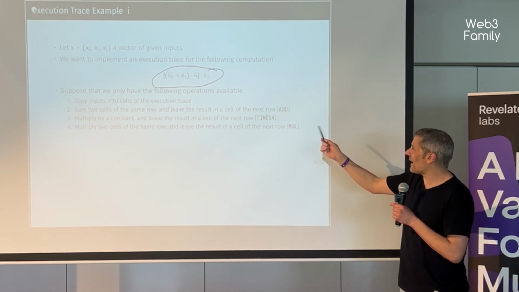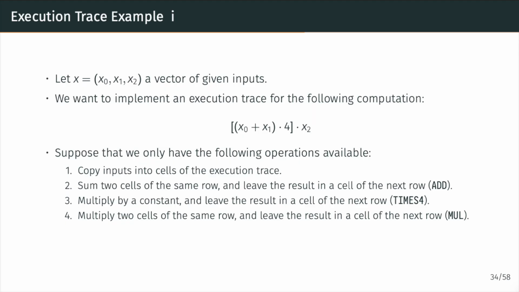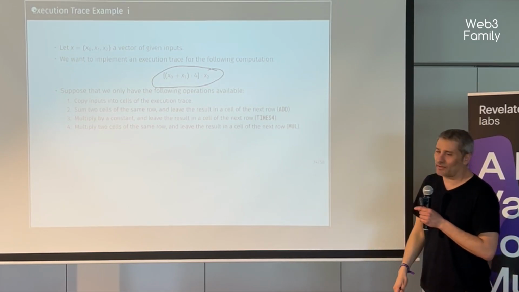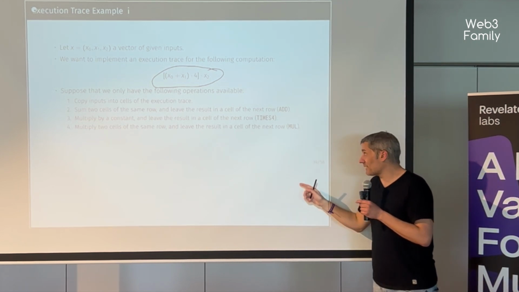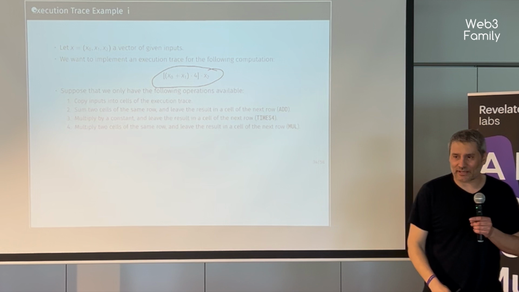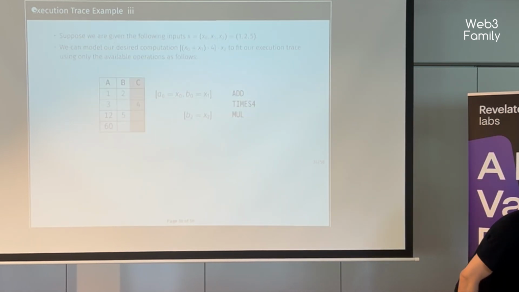This is what add does. Another one, times 4, will take the value of a cell, multiply by 4, and leave the result also in a cell in the next row. And the multiplication will take two cells and leave the result also in a cell in a new row. This is what these instructions do.